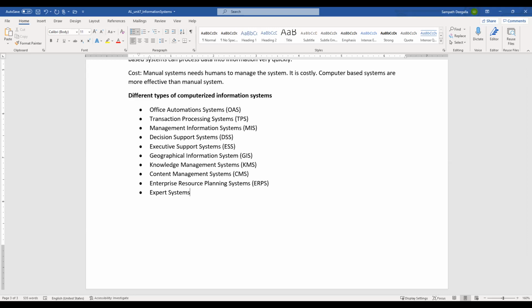There is knowledge stored there. Then we have a smart system. Okay, these are some of them.